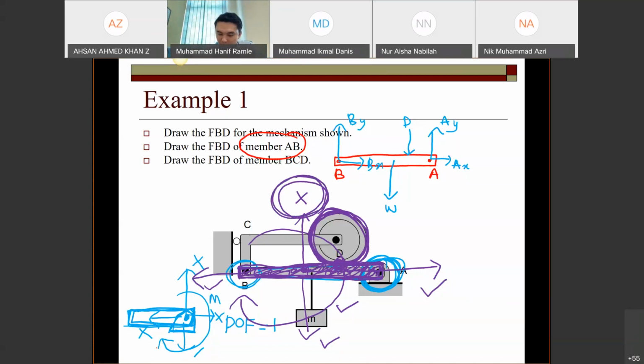So that's why we put this one, and the reaction should be pointing towards the rigid body of AB. Okay, so this is your FBD for member AB. Okay, all right.